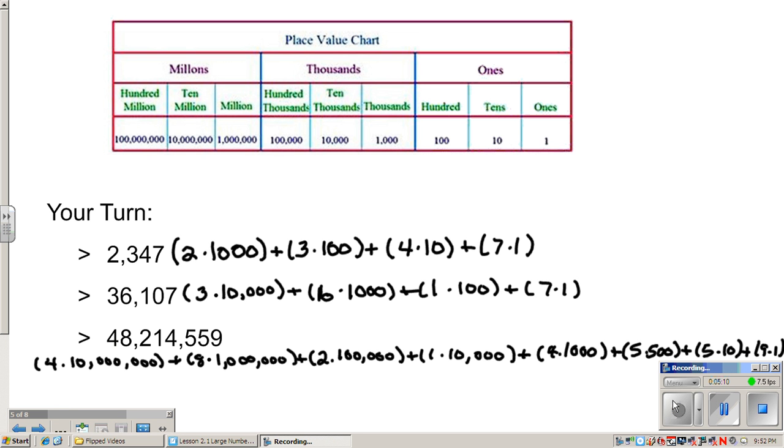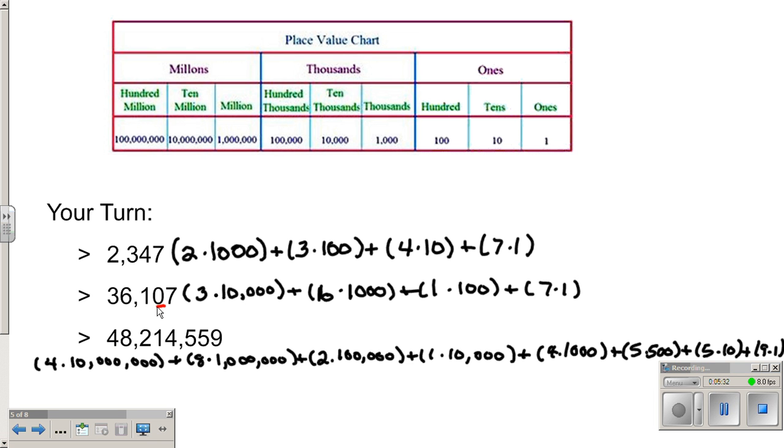Okay, go ahead and look to see if what you did matches what I did. In this one we have 2 times 1,000 to represent the 2 in the thousands place, 3 times 100, 4 times 10, and 7 times 1, expanded out. In this one we have 3 times 10,000, 6 times 1,000, 1 times 100, and you'll notice that because there is a 0 here, I did not put in a notation for that 0 times 10, since we know 0 times 10 is 0.